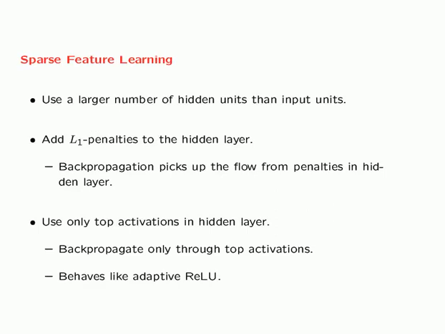The first application of autoencoders is that of sparse feature learning. So imagine that you had an autoencoder in which you used a larger number of hidden units than the number of input units. However, you want these activations to be sparse.